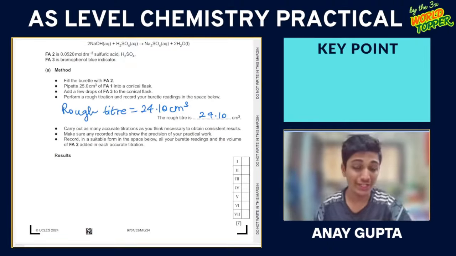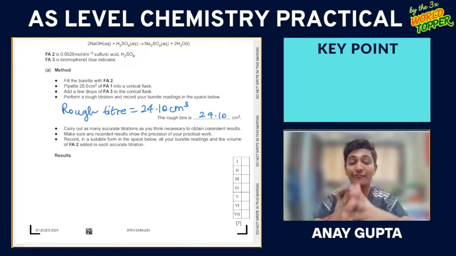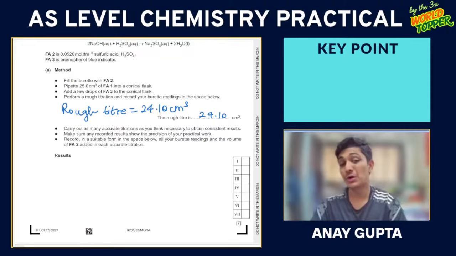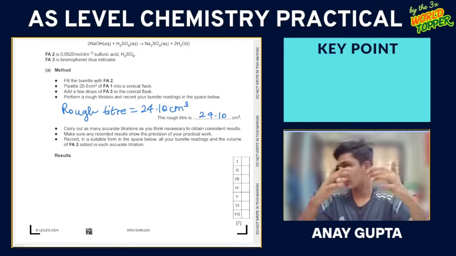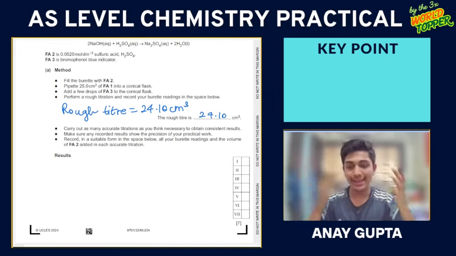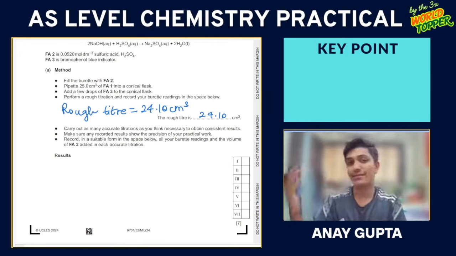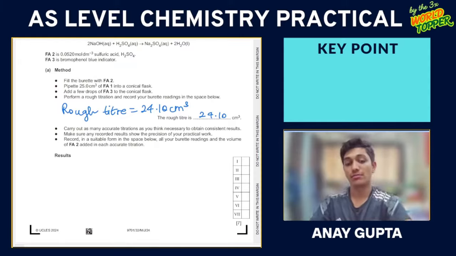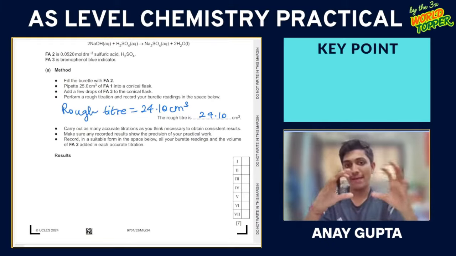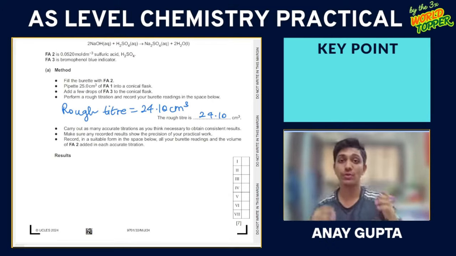You don't want to show an examiner that you have done the experiment 6 different times, but only 3 different times you have found a concordant value, and the remaining 3 times just have random readings. If you're getting random readings which you don't think make logical sense, you might as well not include them in the answer, and you can just repeat the experiment because you have ample FA2 and FA1 supplied to you in the exam.